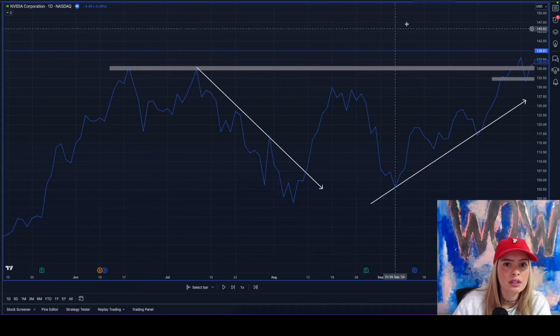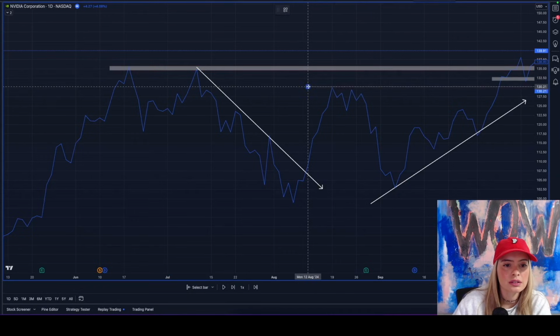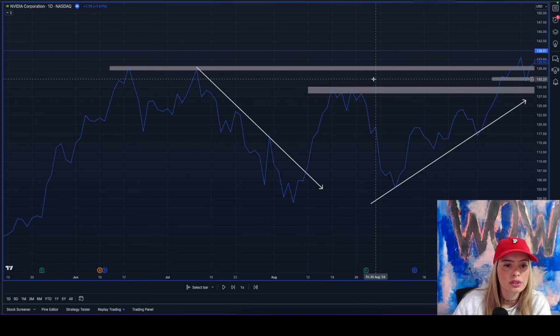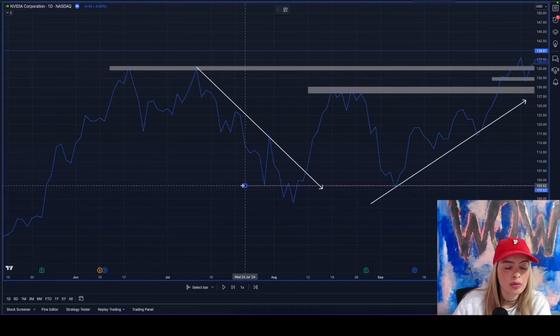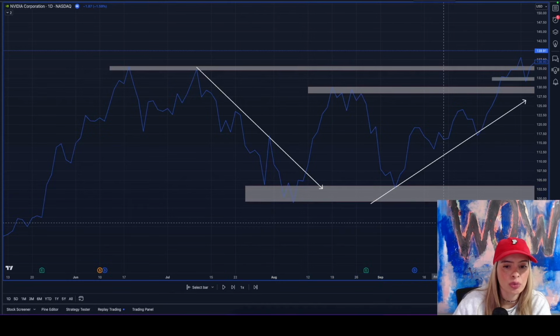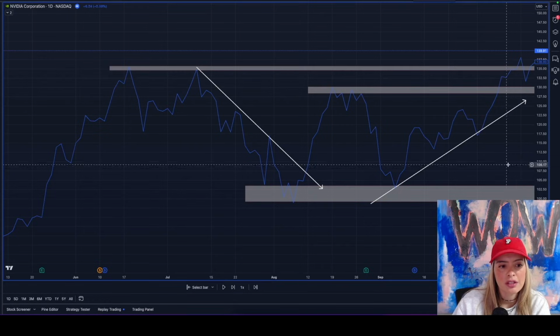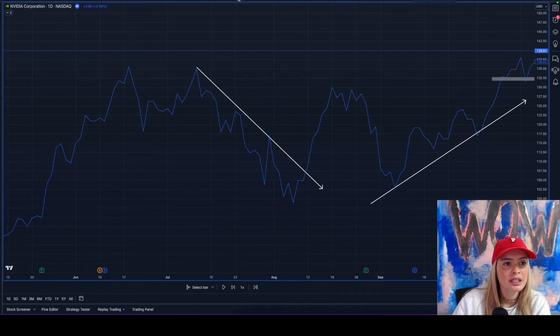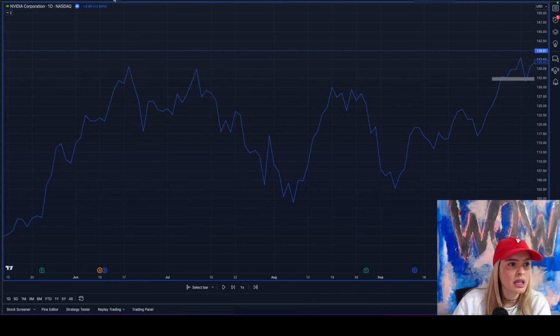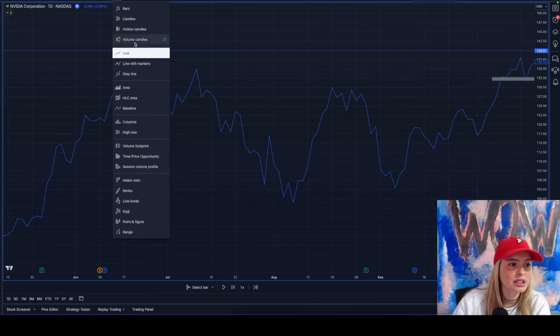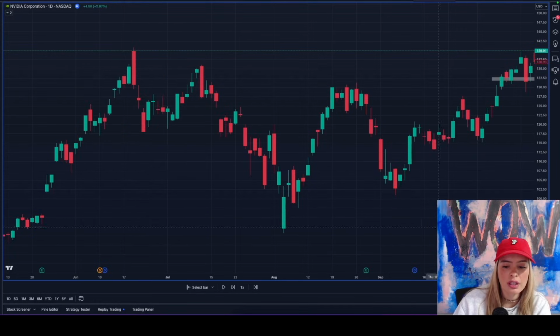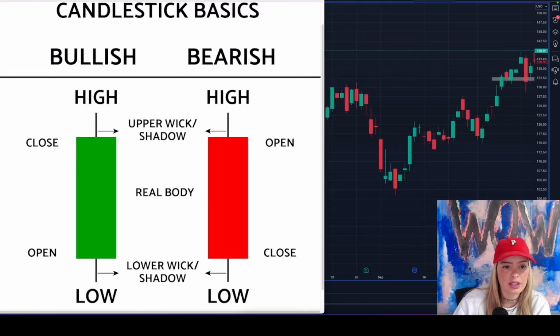We can see a double or triple top here, and we can see kinda based around here, support here. Okay, so we can see that, right? But nothing else. So let's go through the basics of candlesticks, and then I'll explain to you guys how I use candlesticks for my trades. Okay, let's go first with the basics.